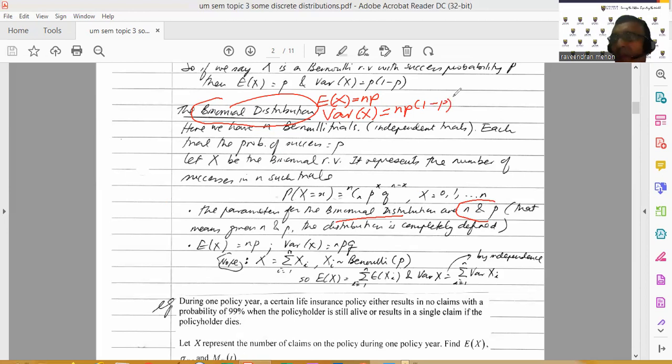There are various derivations and proofs for this, so make sure you know this. The expected value of X will be np and the variance of X will be npq.